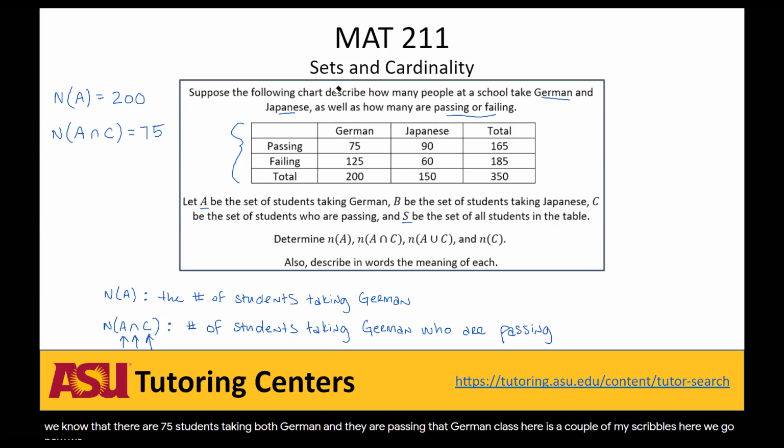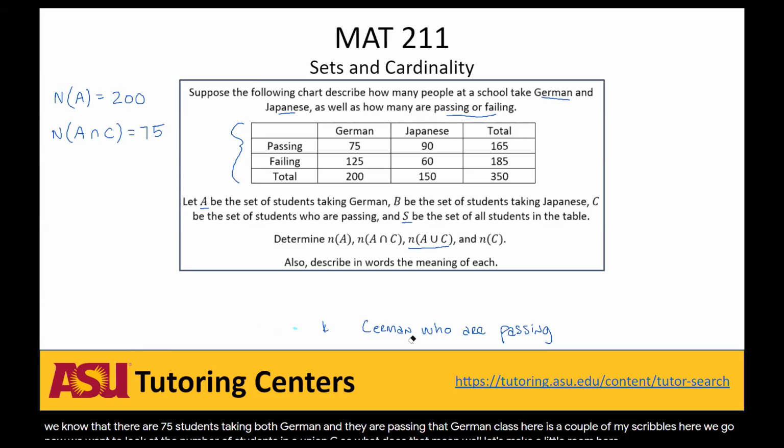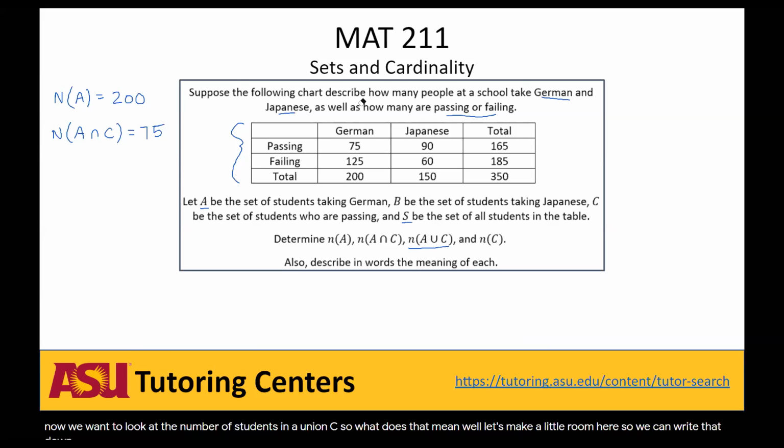Now we want to look at the number of students in A union C. So what does that mean? Well, let's make a little room here so we can write that down. There we go. So now we have the number of students in A union C. You can think of the union as being an or, while the intersect is an and.